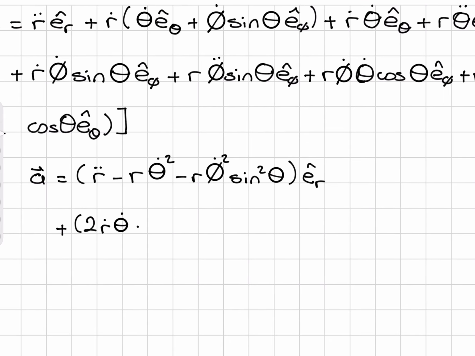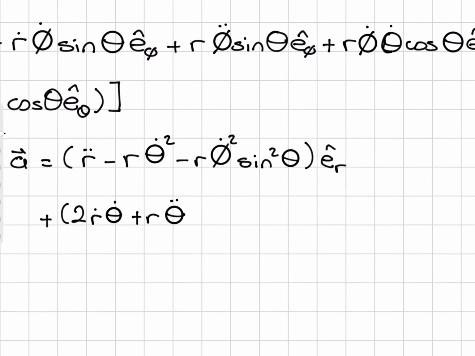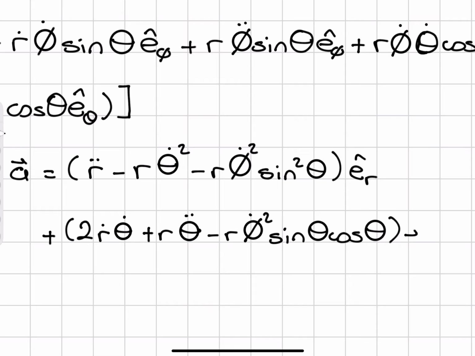So plus r theta double dot. And finally, the last term here includes cosine theta, sine theta, minus phi dot square times r. So minus r phi dot square sine theta cosine theta, and these are the terms that belong to e theta hat.